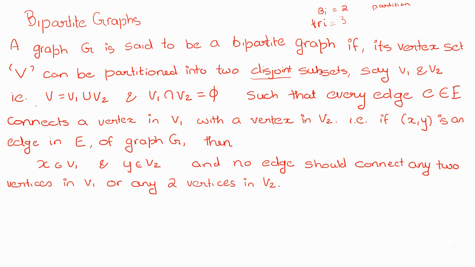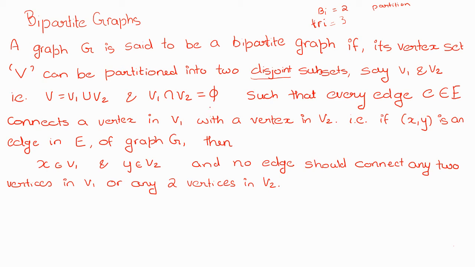V is equal to V1 union V2, that means all the vertices of V are partitioned into either V1 or V2, and such that V1 intersection V2 is equal to the empty set. That is, there is no common vertex to both these subsets.